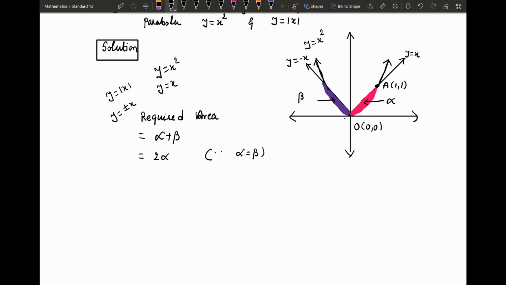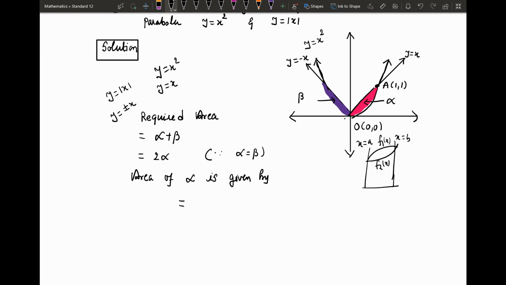Now to find this area alpha, say two curves f1x and f2x intersect each other, with x equal to a, x equal to b and x axis. So the area of alpha is given by the integral from 0 to 1. Here you can observe limit 0 to 1.